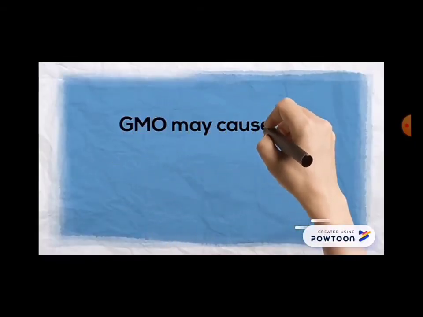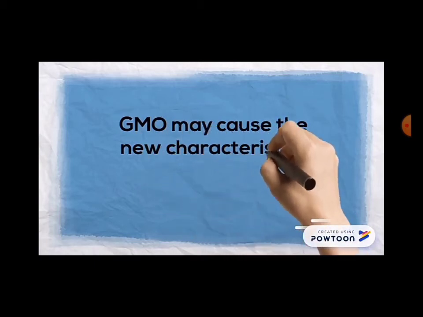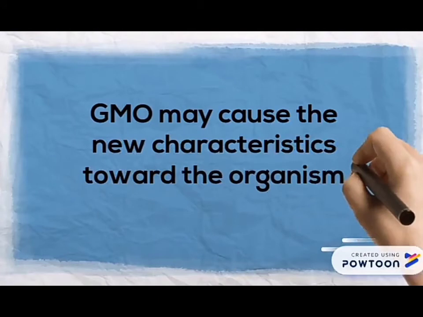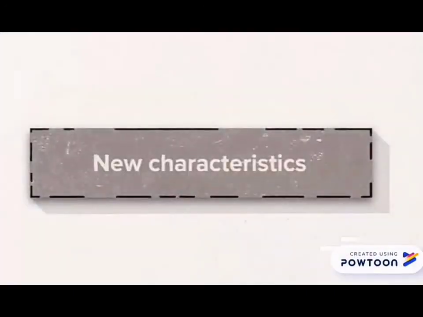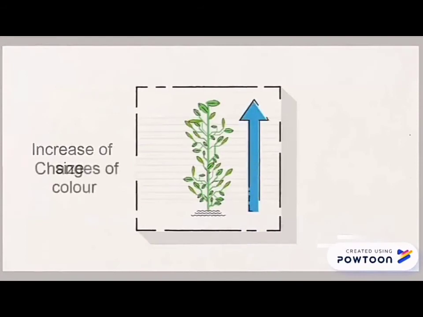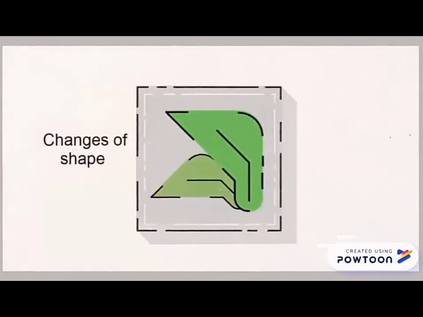So GMO may cause new characteristics in the organism, changing the natural physical characteristics of plants, fruits, and animals. What would be the new characteristics of using a GMO? There is an increase in size, changes of color, as well as changes of shape.